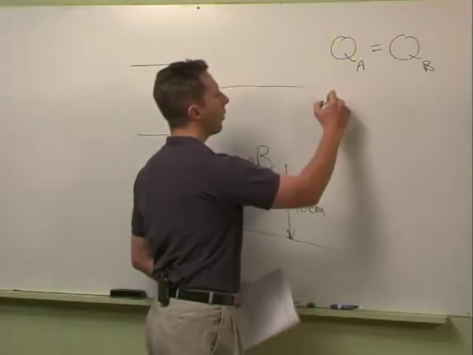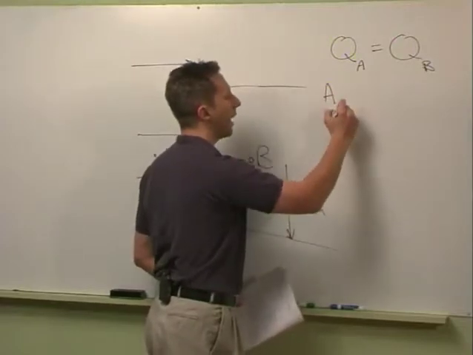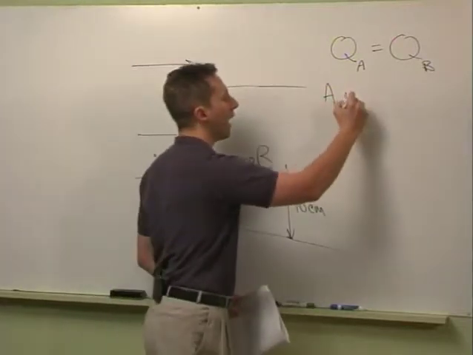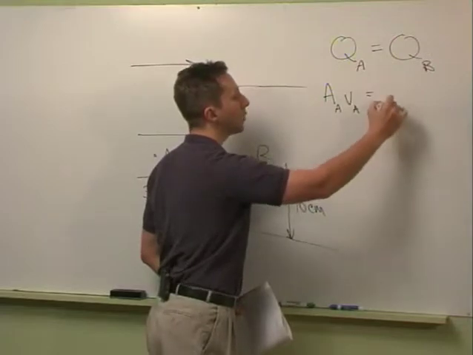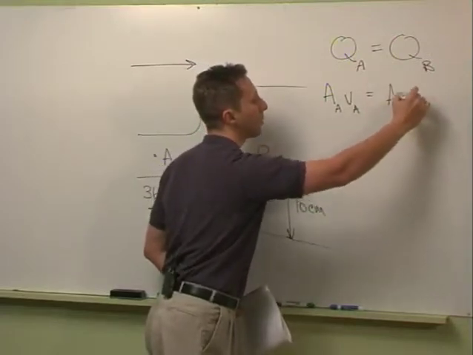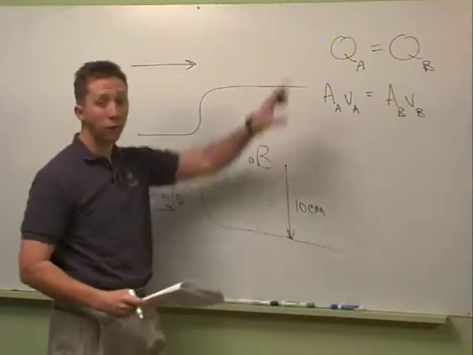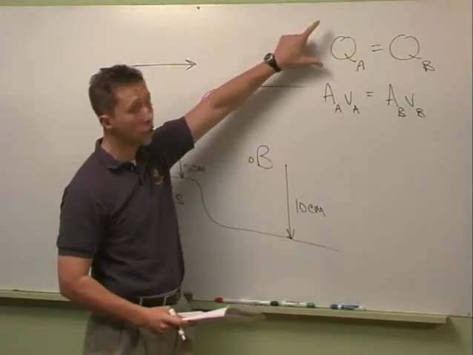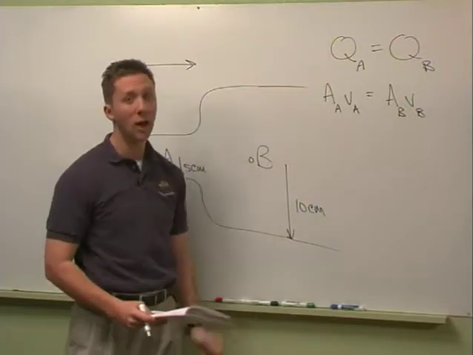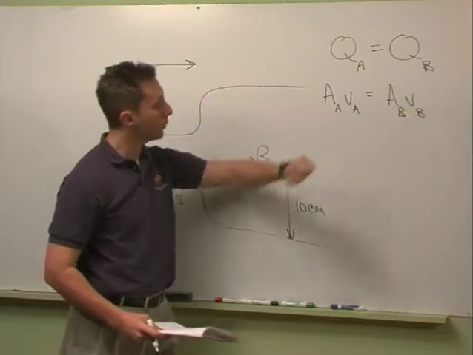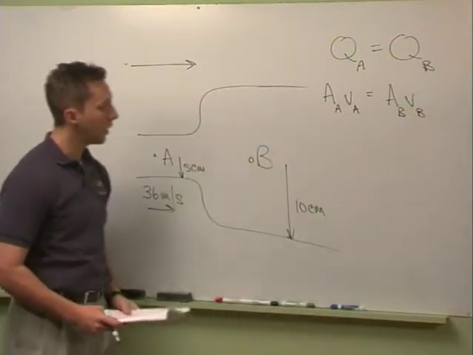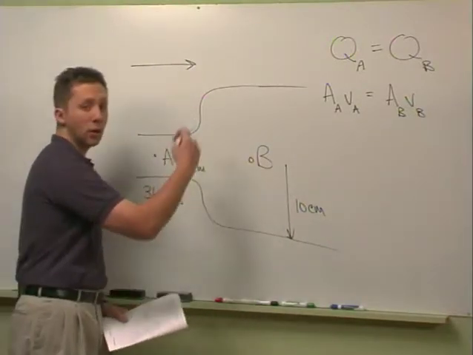And what that also means is that A sub A, the area of pipe A, times the velocity in A is equal to area sub B times velocity sub B. That comes from our formula we have to know, which is Q, fluid flow, equals area times velocity. So we've got area of A times velocity of A is equal to area of B times velocity of B. And these are cylindrical pipes.